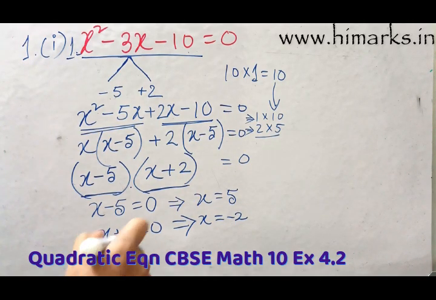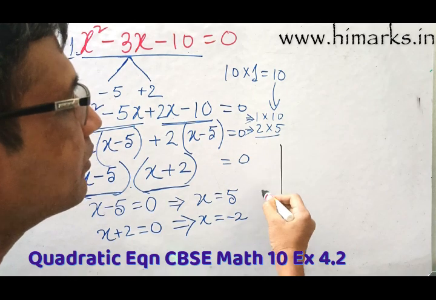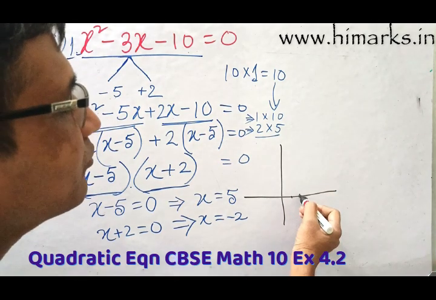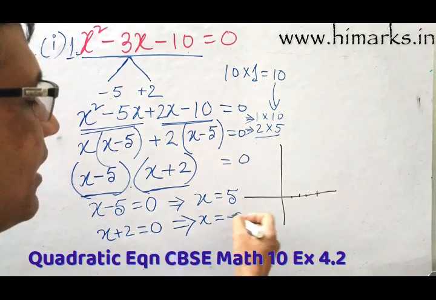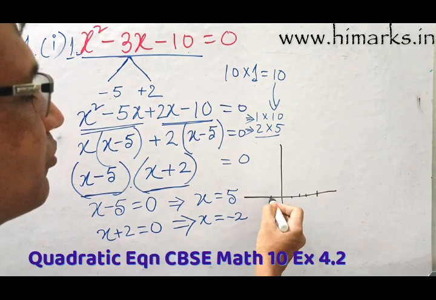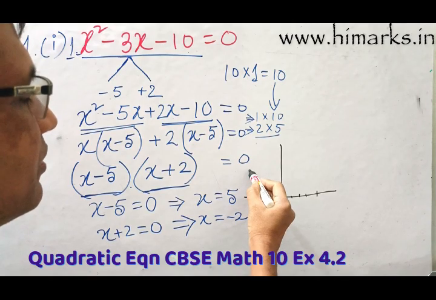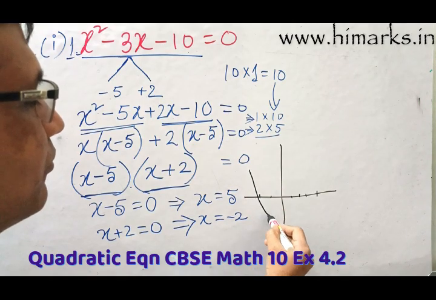What does this solution mean graphically? If you draw it graphically, x is plus 5, 1, 2, 3, 4, 5, and another at minus 2, 1, 2. So this curve will go like this.